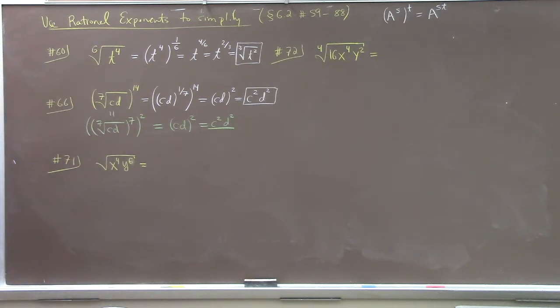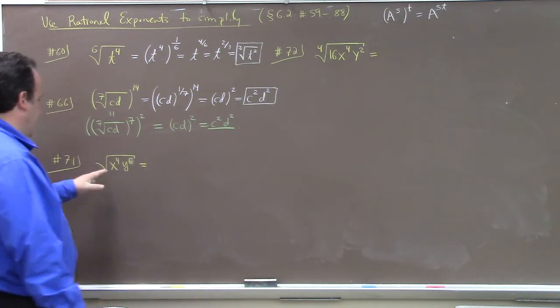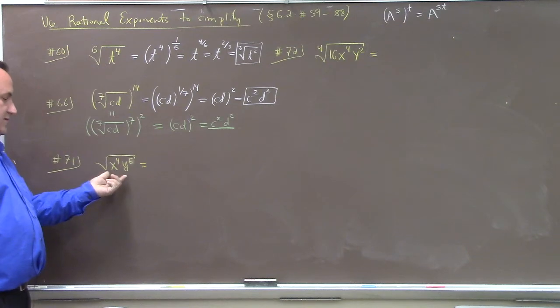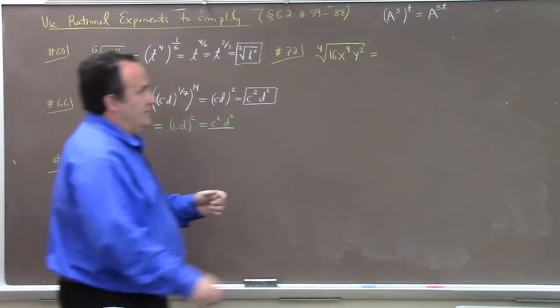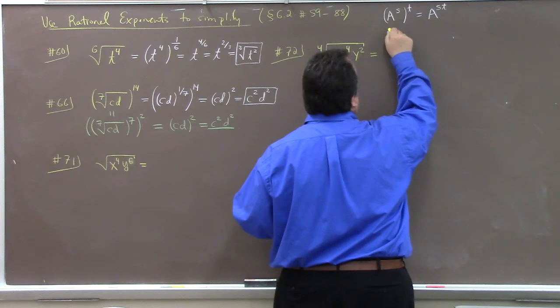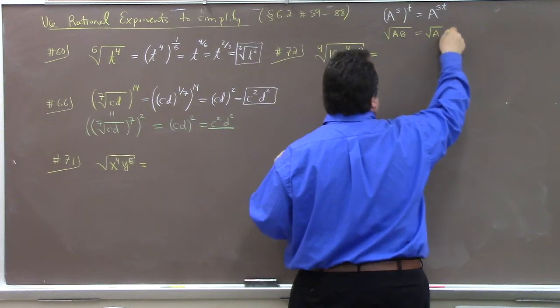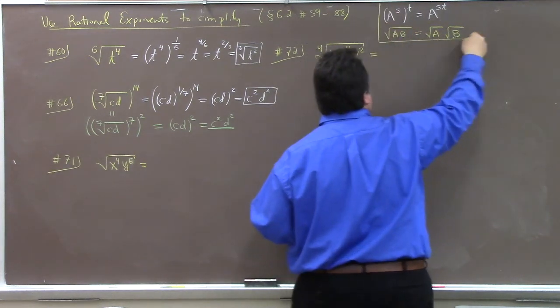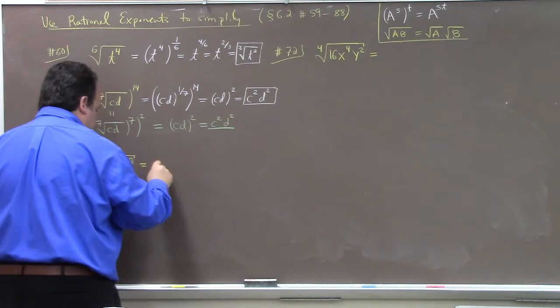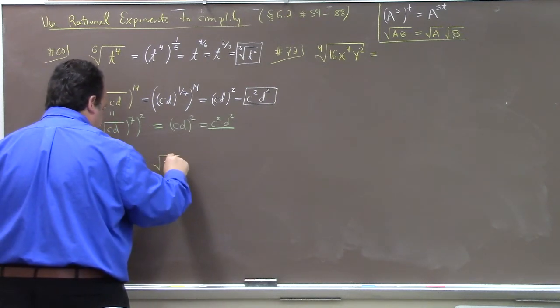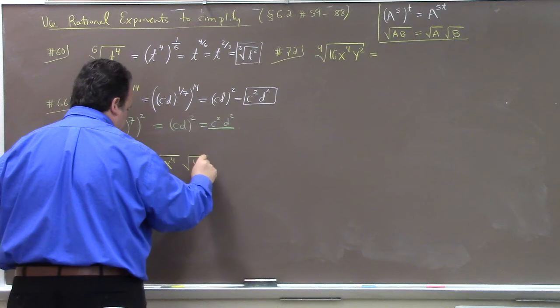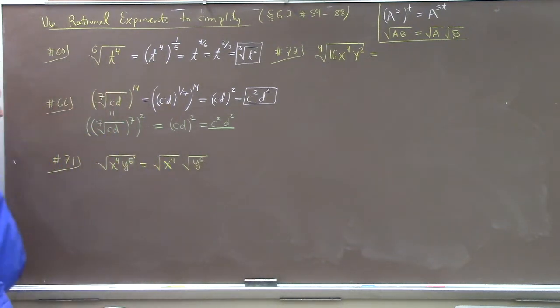So this one, square root, remember, is the half power, right? Any ideas here? I'm going to use a property of square roots, which is that the square root of AB is square root of A, square root of B, yeah? So this is the square root of x to the 4th, square root of y to the 6th power, and then I'll fall back on that exponent notation.